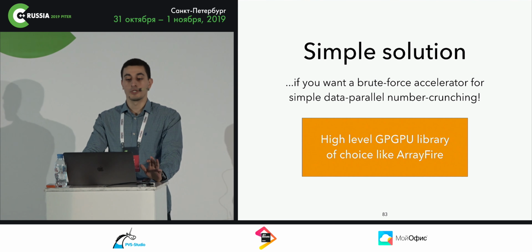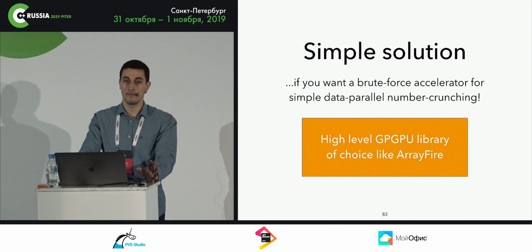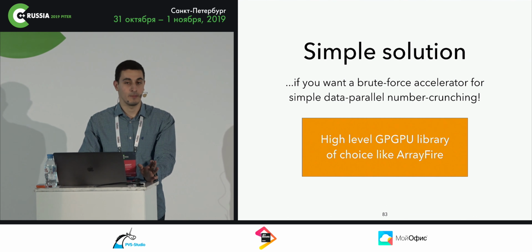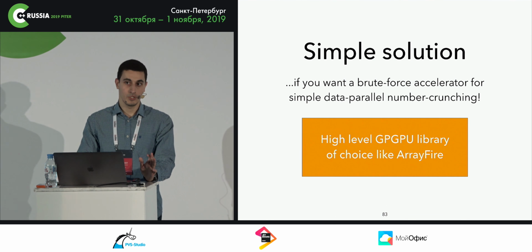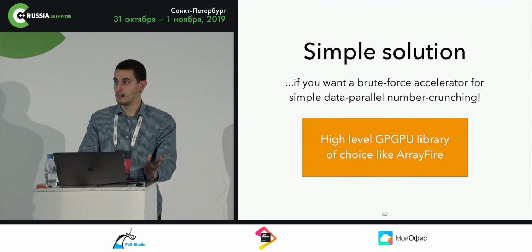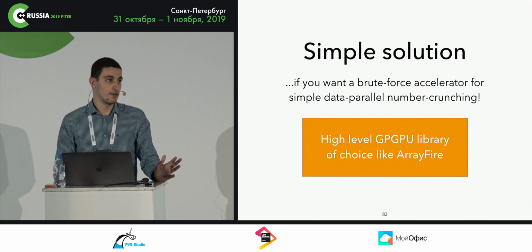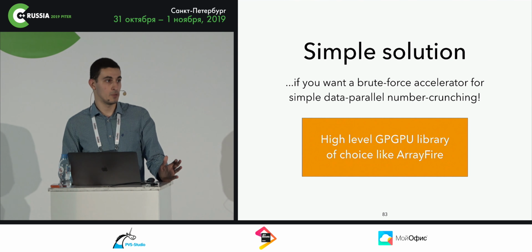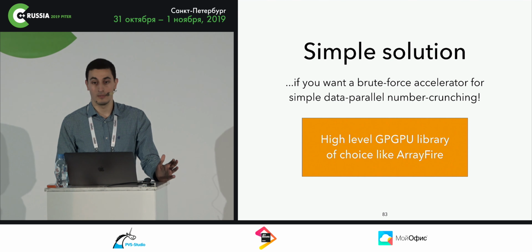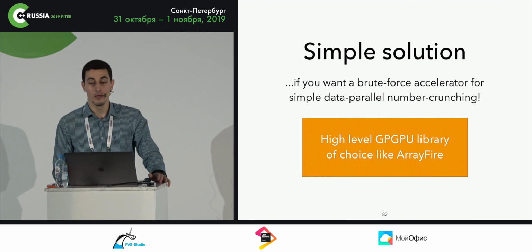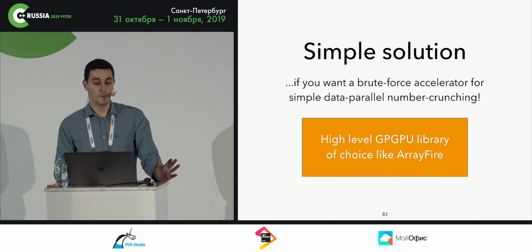So the simplest solution of all is actually using the higher level libraries that we talked about in the middle, namely Eigen, which is designed for CPU but has experimental support for CUDA, or Arrayfire, which is the most popular GPGPU library that does just-in-time compilation internally and requires a minimum amount of learning.